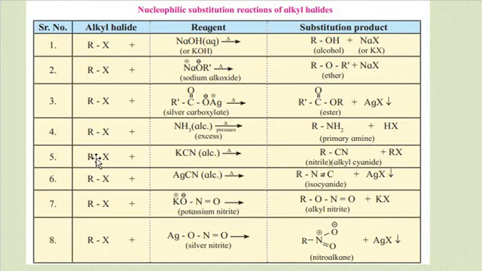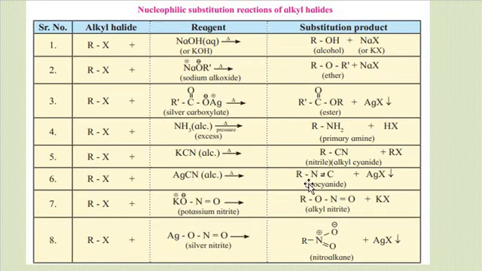Another reaction, when we need to convert alkyl halides into cyanide or nitrile, what we need to do is take alcoholic potassium cyanide solution, and this solution would be heated with alkyl halide to give you the respective cyanide. And if we want isocyanide, then we would be treating the alkyl halide with silver cyanide.